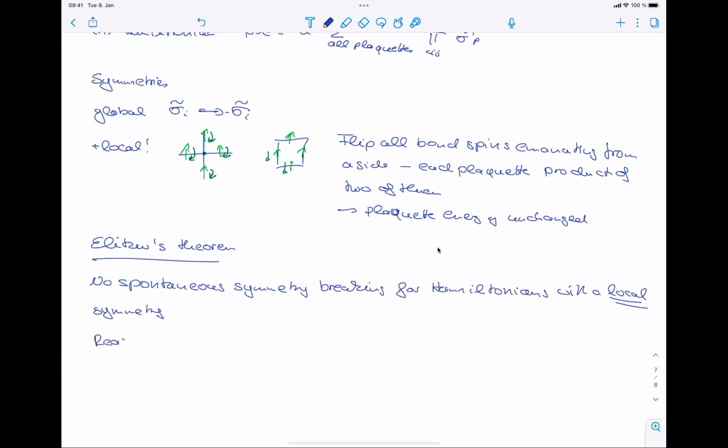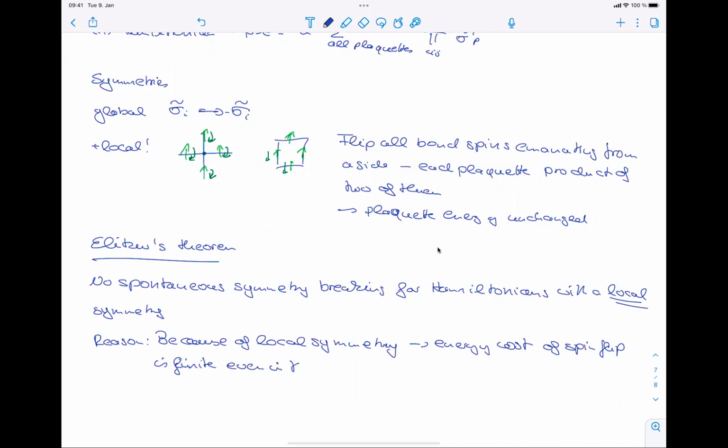The reason being, because of the local symmetry, the energy cost of a spin flip is finite, even in the presence of a symmetry-breaking field.